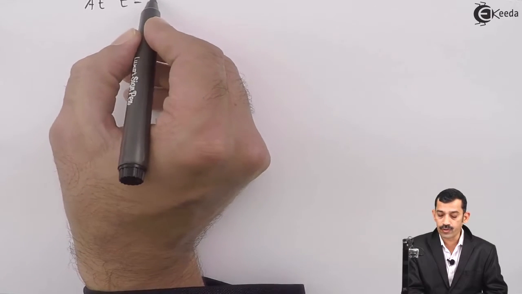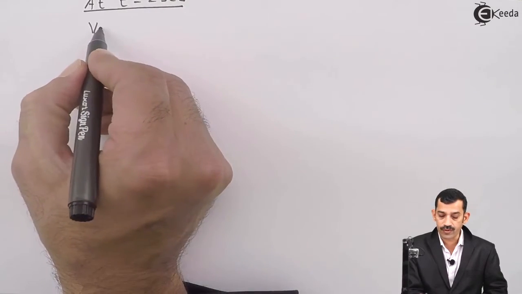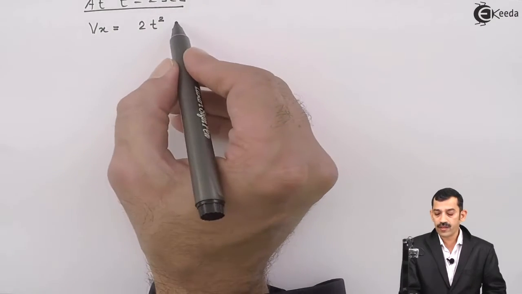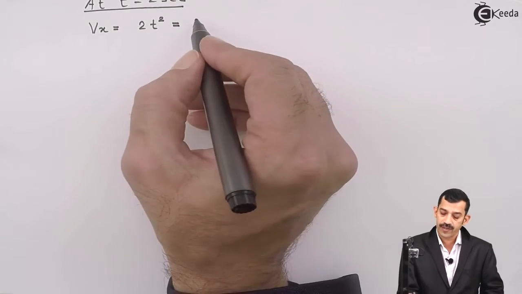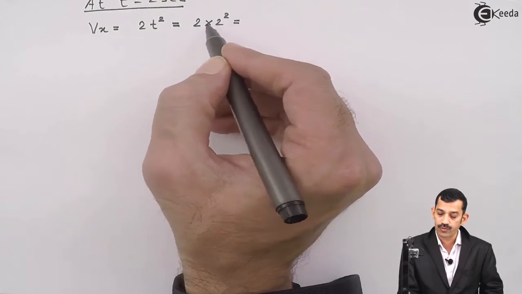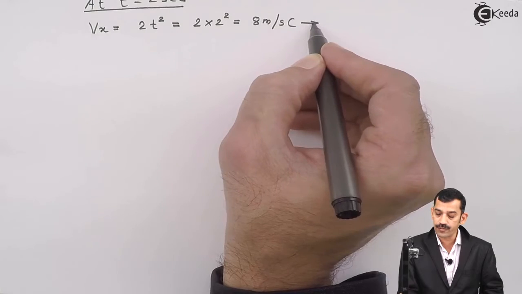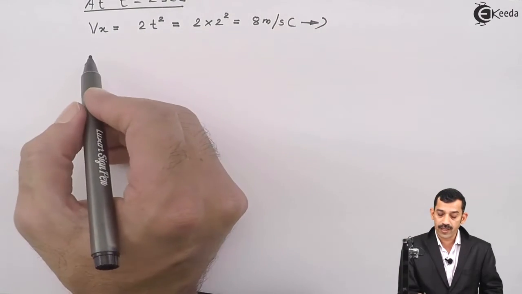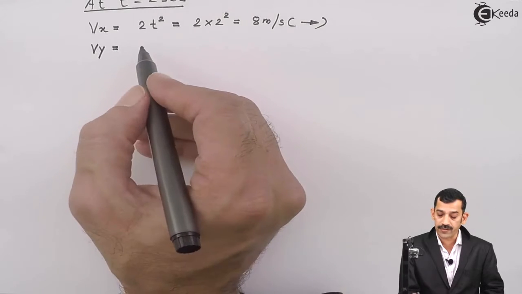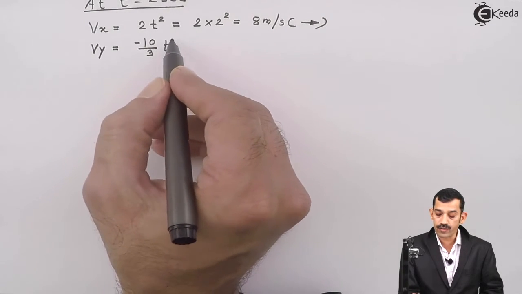At t equal to 2 seconds, Vx comes out to be, the equation of Vx is 2t square. If we substitute here t equal to 2 seconds, this comes out to be 2 into 2 square. That means 2 square is 4, into 2 is 8 meters per second. The answer is positive, that means Vx is rightward. Similarly, Vy, the formula using integration is minus 10 upon 3 t cube.